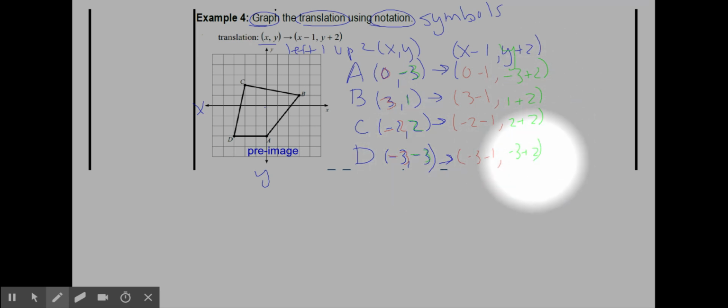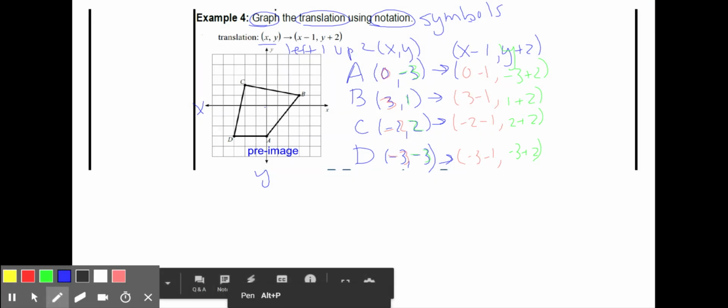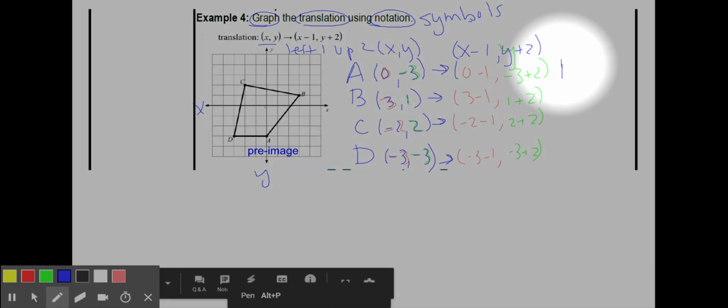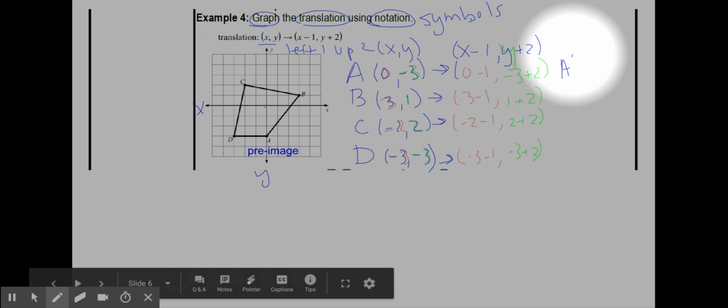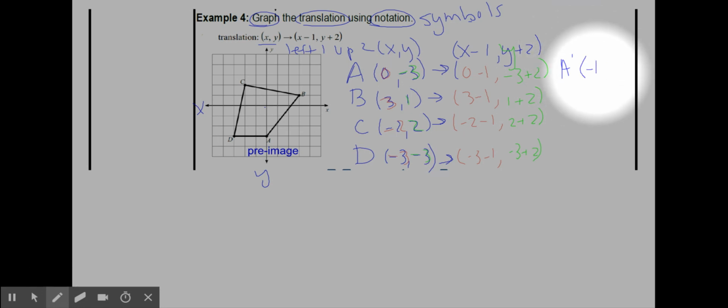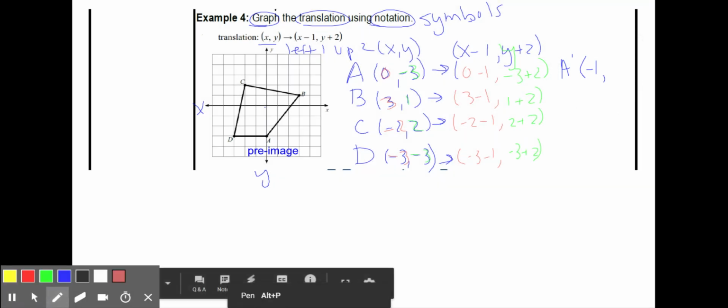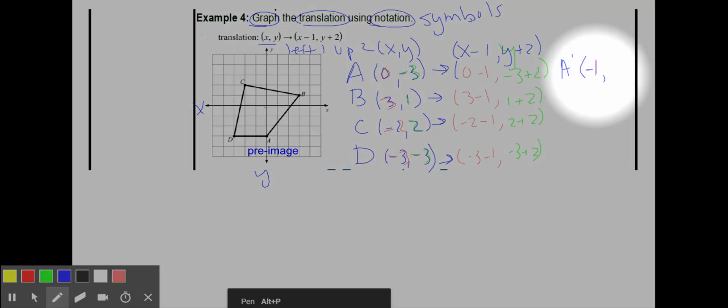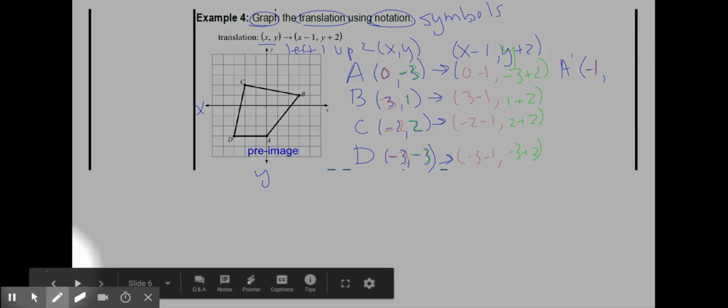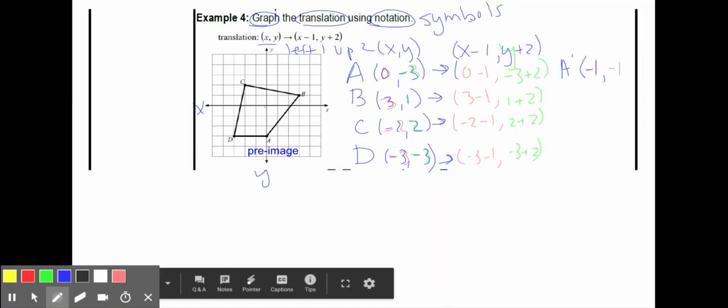Okay, so our final image point, so this is going to be A moved once, is going to be -1 for my x value, and -3 plus 2 is -1 for my y value.